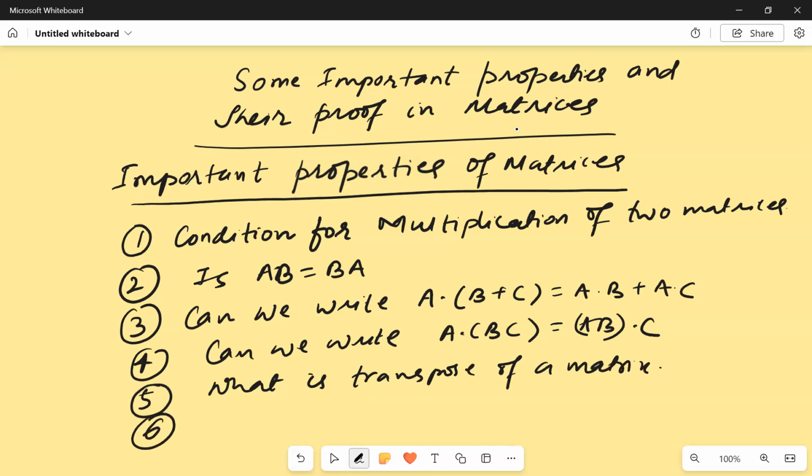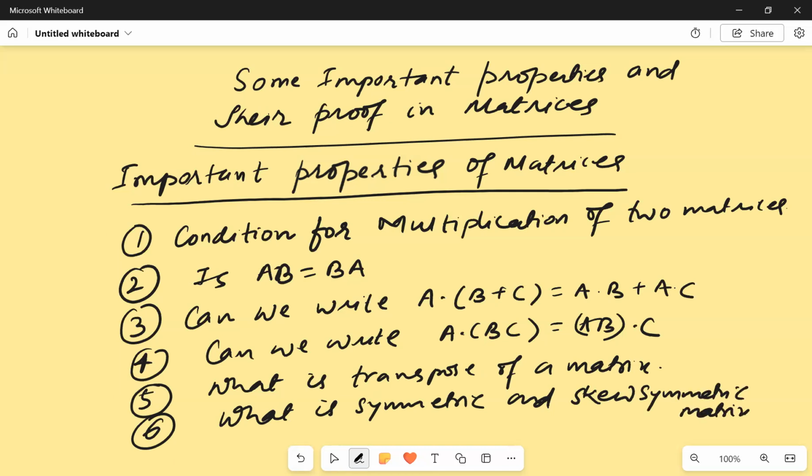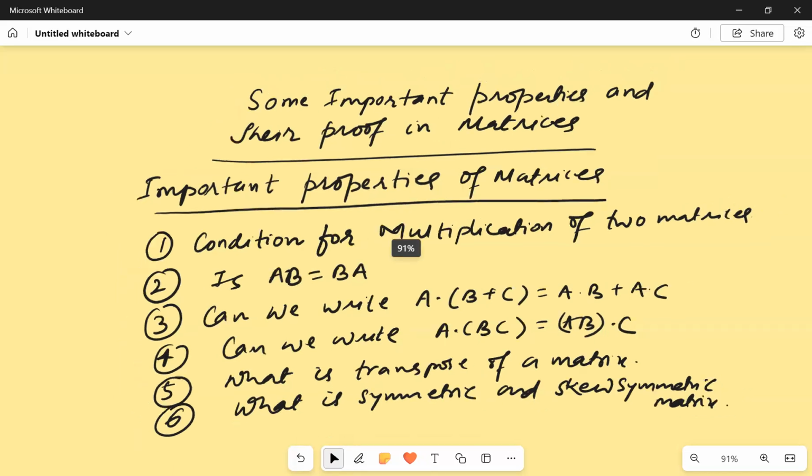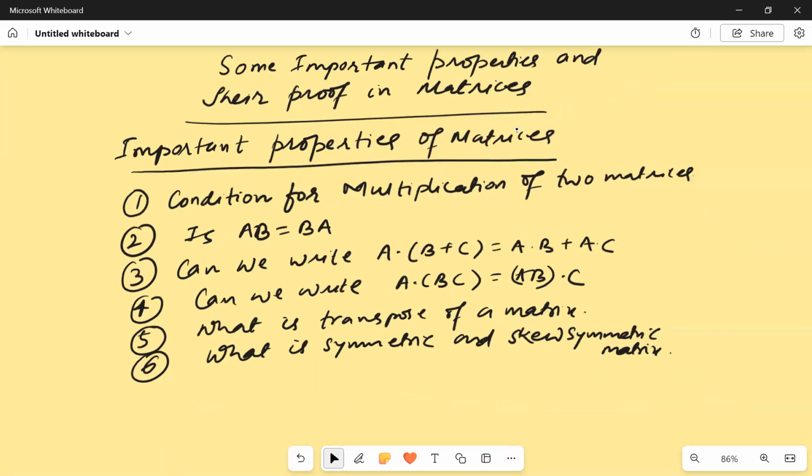And number six, what is a symmetric matrix? And the last one, which I will discuss in this video, is to prove that (AB) transpose is equal to B transpose A transpose.